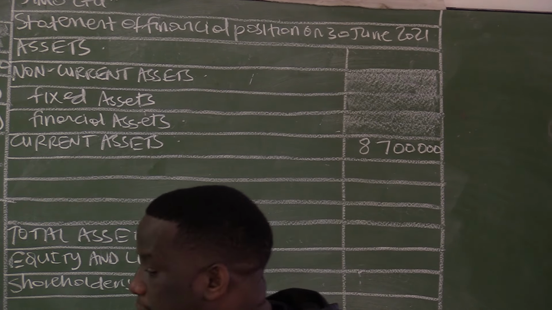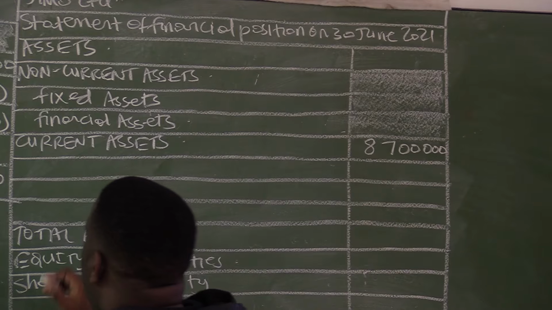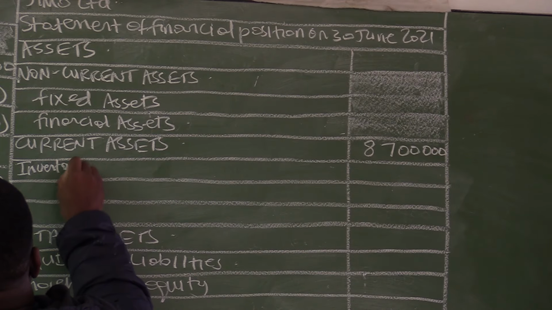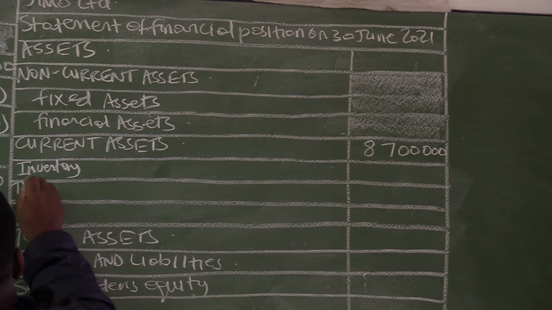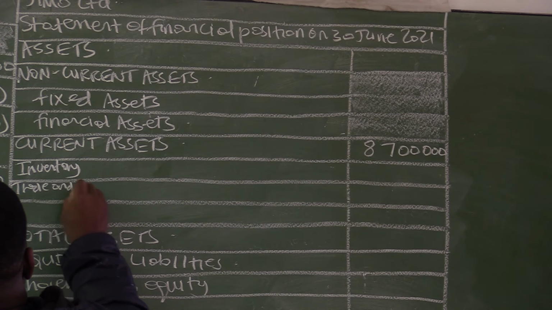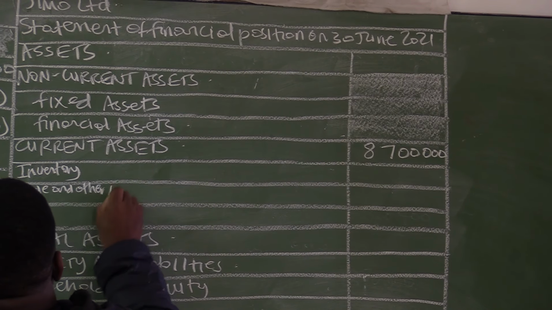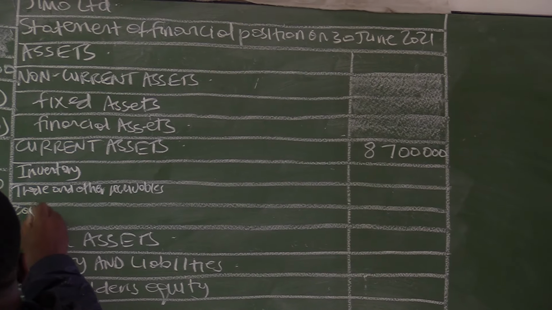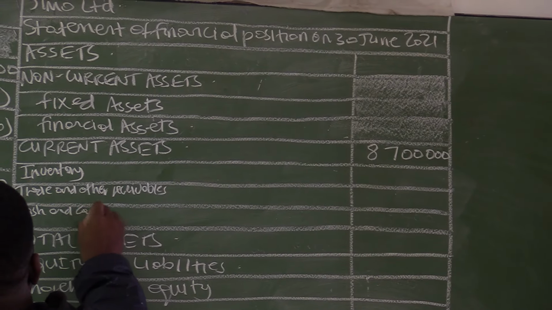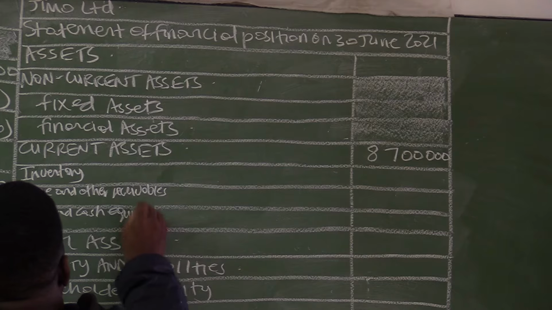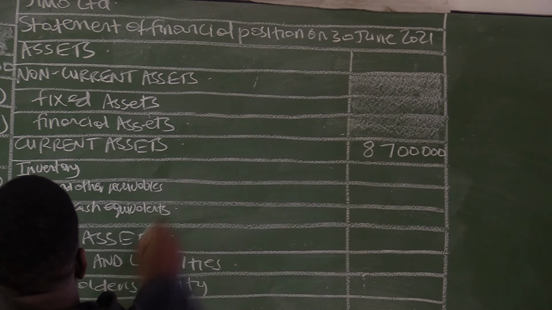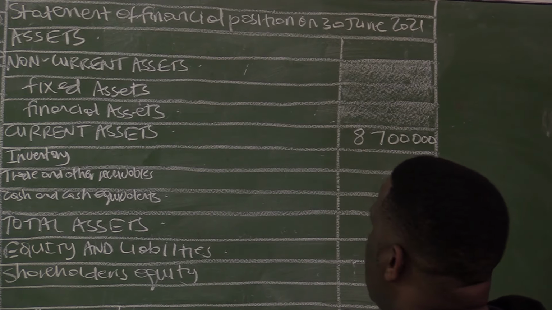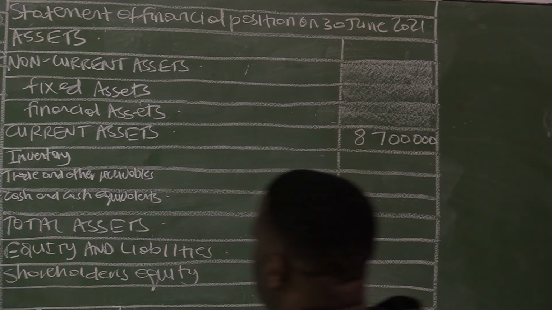And your current assets are made up of three things. You have your inventory, your trade and other receivables, and your cash and cash equivalents.